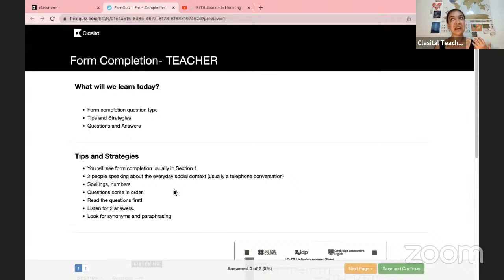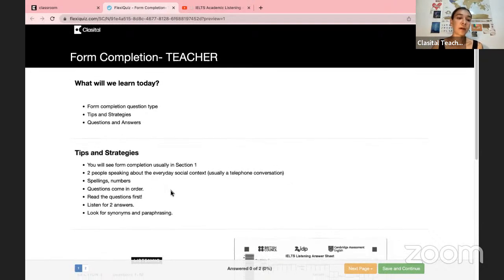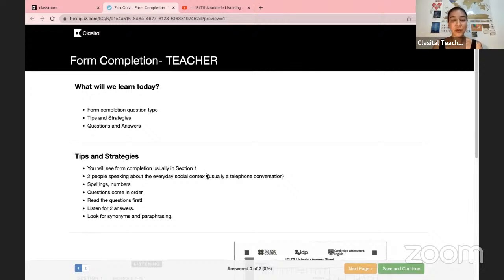They are arranging a car, they are planning a holiday, and some daily conversations. And in this part, you will usually hear people speaking on the phone. So it will be a telephone conversation. And as I said, you will see this type of form completion questions usually in section 1, but of course, you can see this type of questions in other sections too.